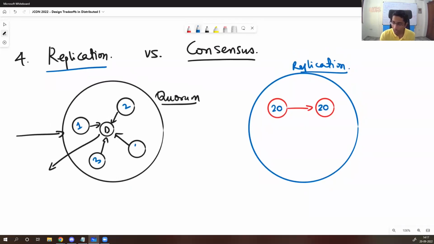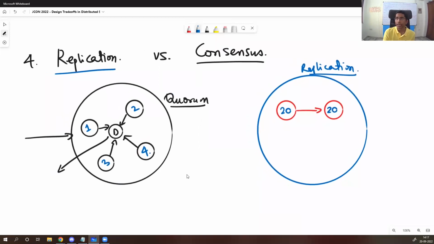What do you see are, I mean, which architecture would you go for? It depends on the system, yes, but which one would you say has higher latency or requires more resources? Is it consensus or is it replication?